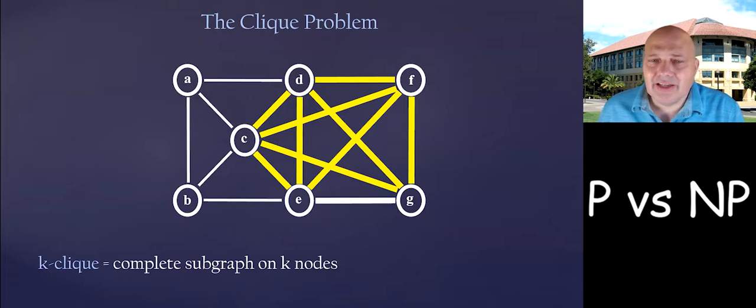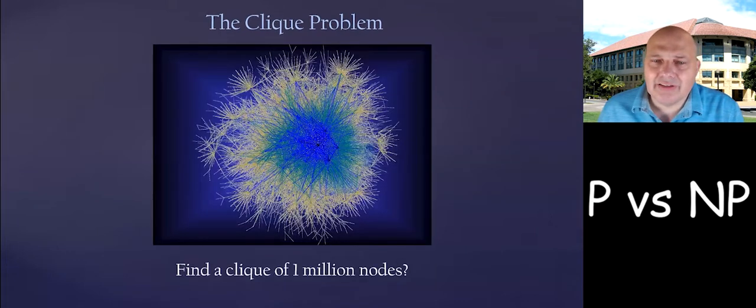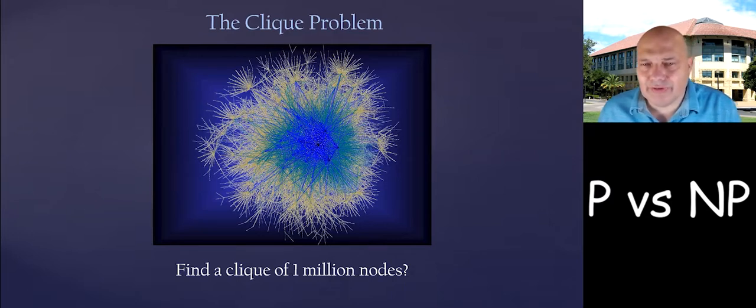So this is a 5-clique. Of course, in an example as simple as the one we saw, identifying a clique is easy, but imagine finding a clique of 1 million nodes within a much larger graph with a huge number of nodes.